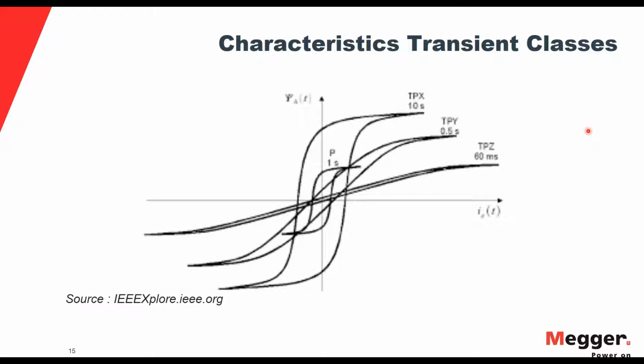Or for example, when you have generator protection and the fault currents there are very, very high, they can go up to 60, 70,000 ampere. The saturation of a normal B classification required for that would be very, very big. But if you use these transient classes of CTs, you will be able to achieve that with a smaller size CT.